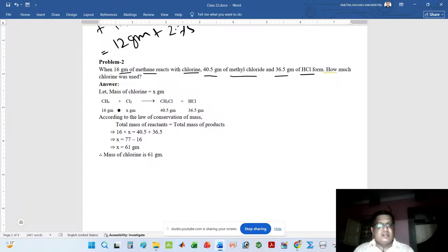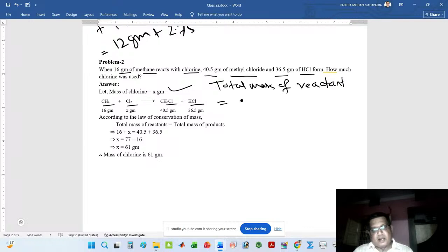So let the mass of chlorine be x gram, and the equation is CH4 plus Cl2 gives CH3Cl plus HCl. Here the reactants are CH4 and Cl2. So total mass of reactant is equal to mass of CH4 plus mass of chlorine.